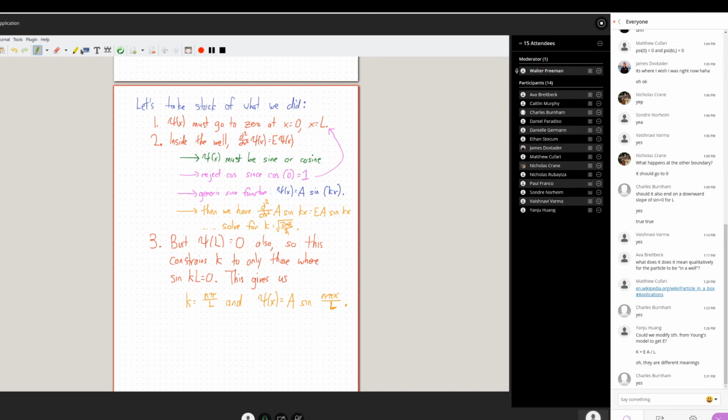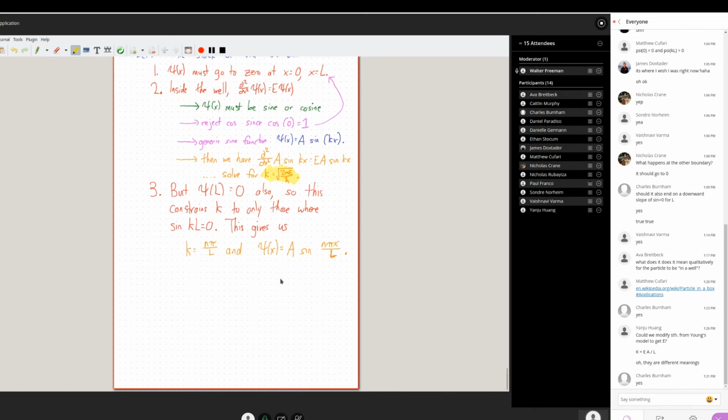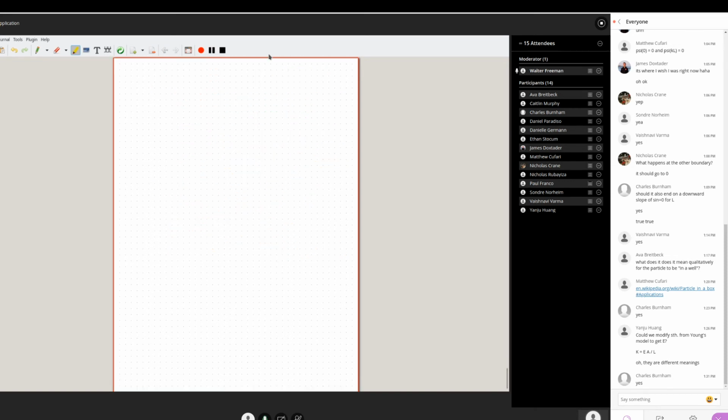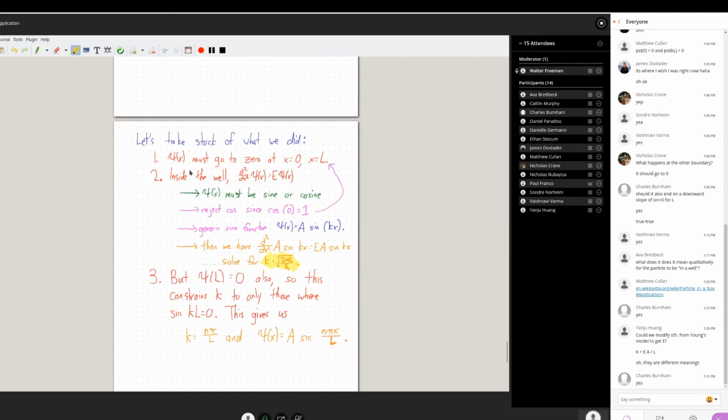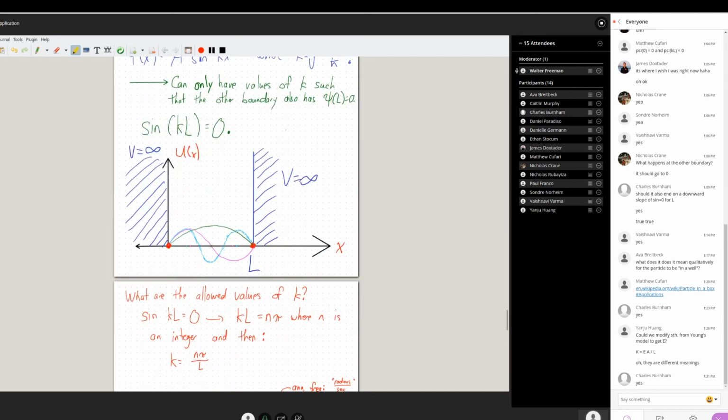Okay, so what I want to do now, the thing that made me say we need to do a recap, is that I have this relationship, which I'm highlighting in yellow now, between the wave number k and the allowed energy. So I'm going to go to my next page and grab this picture, stick it down there as well.